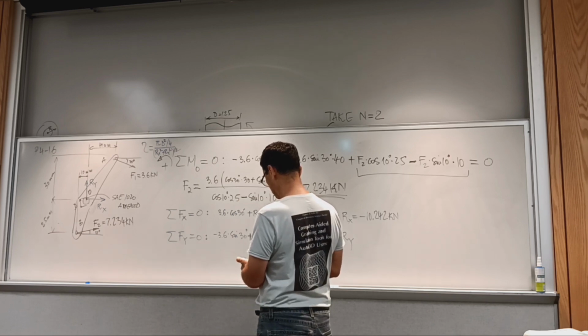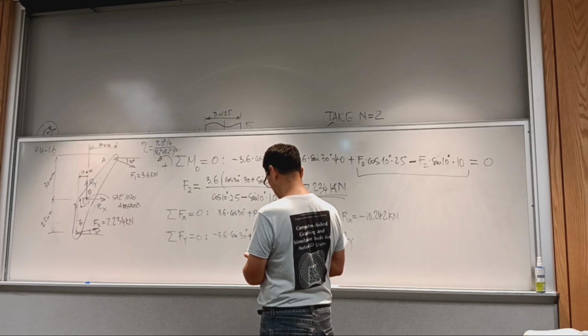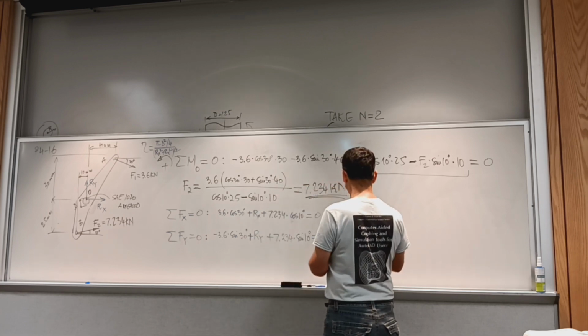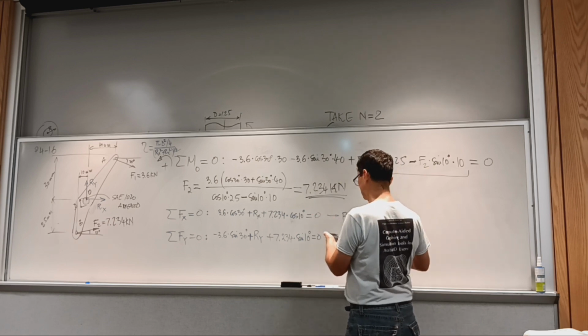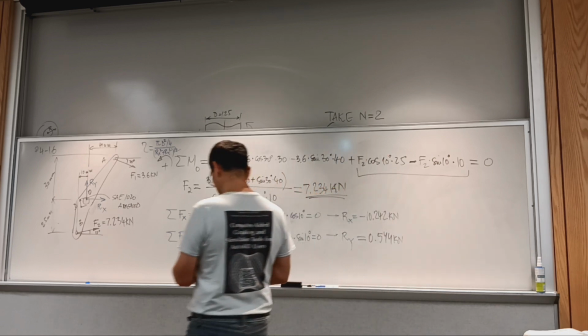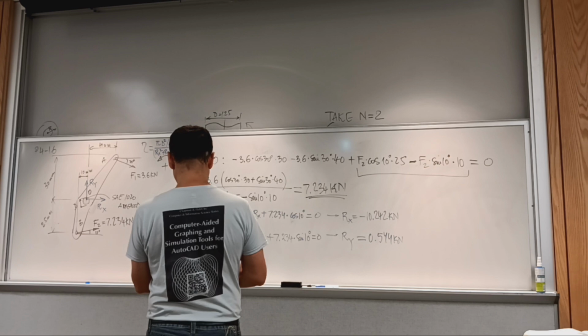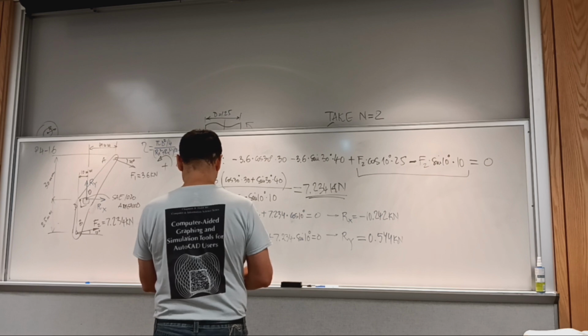So 3.6 positive times 30 sine, negative 7.234 times 10 sine equals, so I have 0.544 kilonewtons. Was it correct? My math slipped away. So 3.6 times 30 sine, negative 7.234 times 10 sine equals.